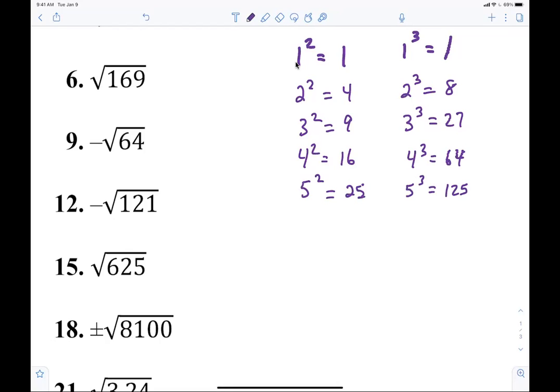Now 6 squared, obviously 36. Now 6 cubed starts getting a little bit harder. 6 cubed, I believe, is 216.